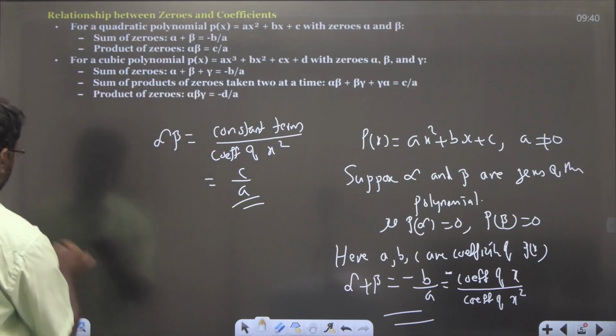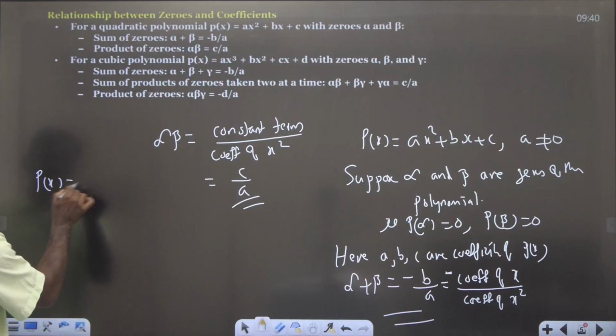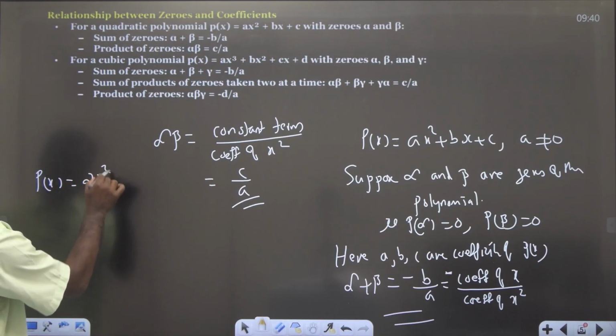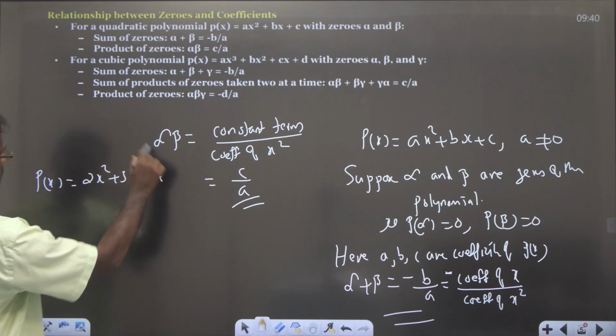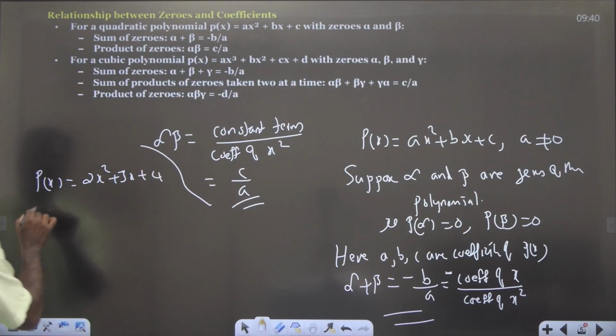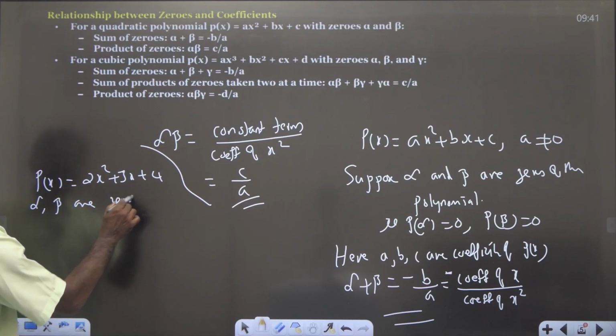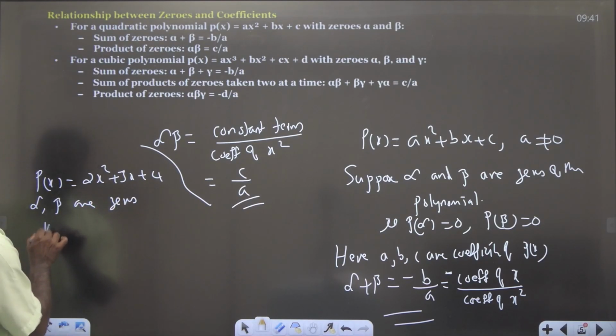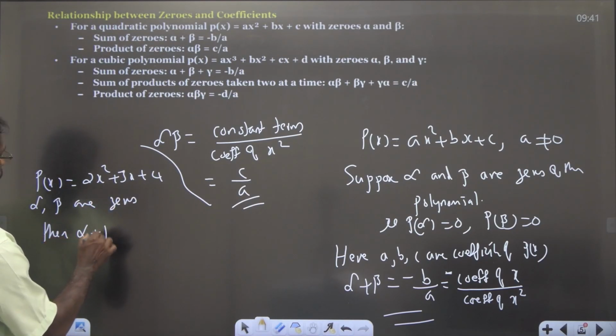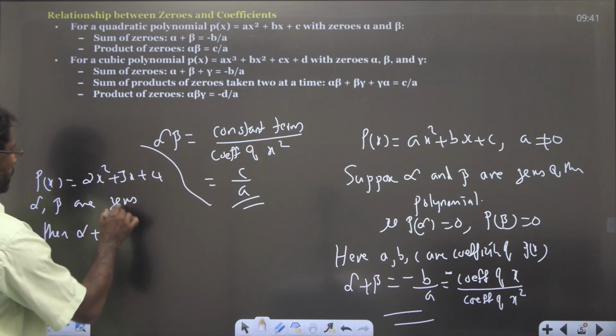I can give an example. Suppose p of x is equal to 2x square plus 3x plus 4. Alpha and beta are zeros. Then alpha plus beta is minus b by a.